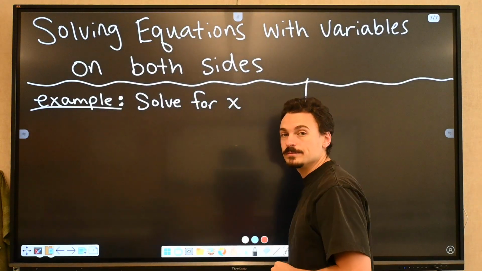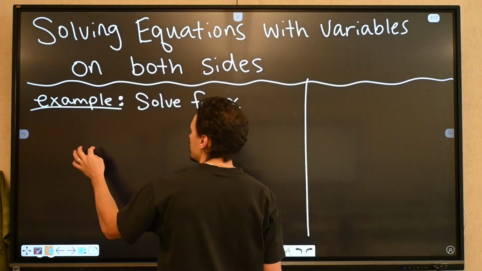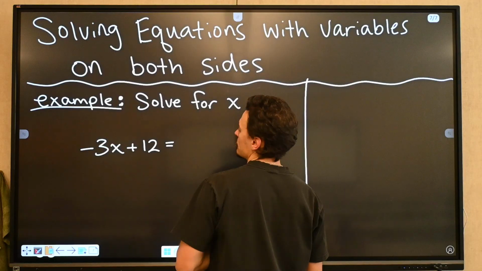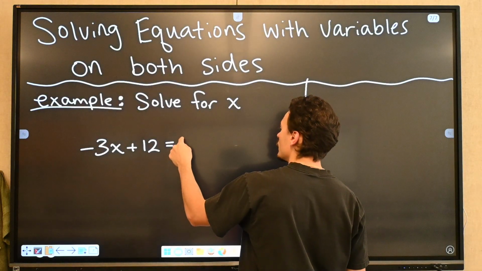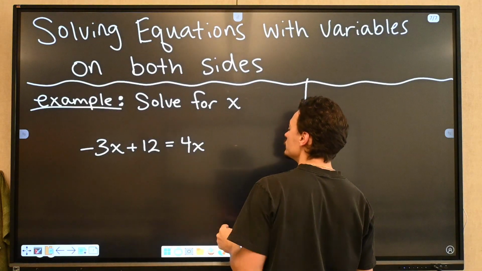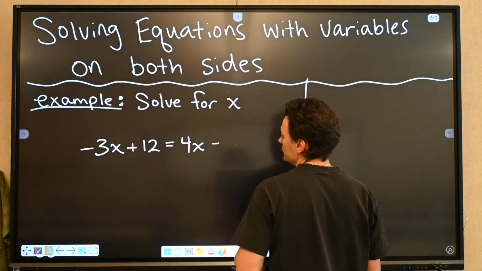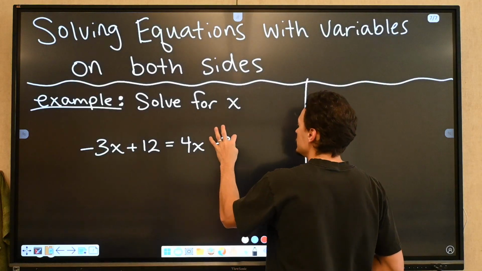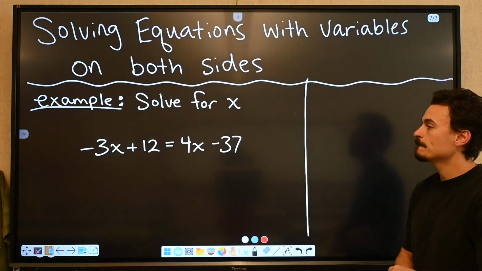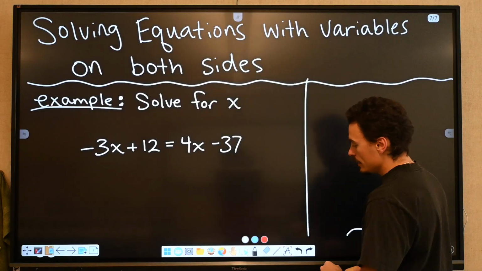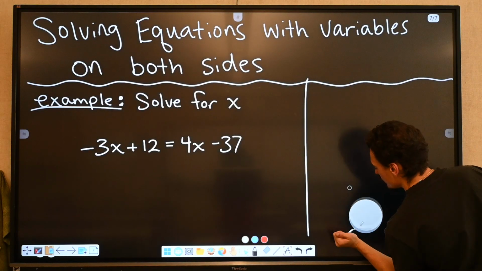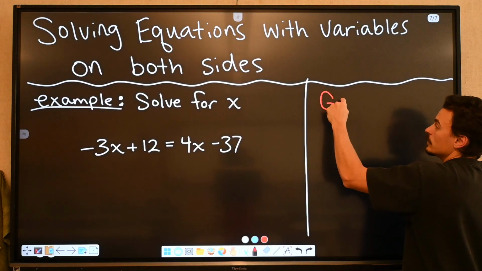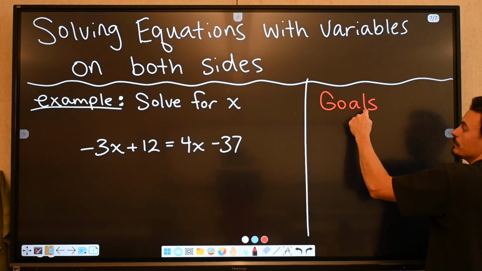Okay, solving for x. Now, what we're going to do is take -3x plus 12 equals 4x minus 37. Okay? Now, right over here, on this side of your notes, I'm going to write down some goals for this problem.